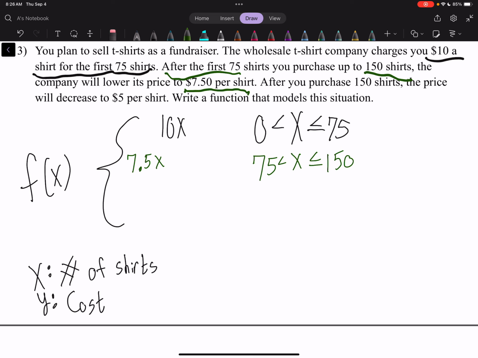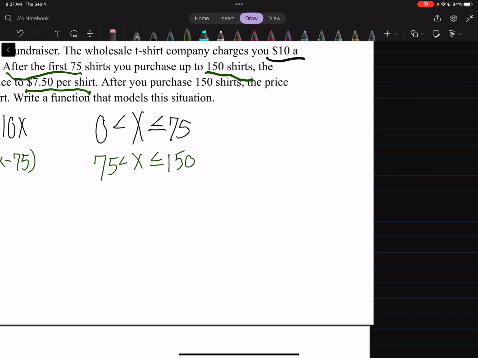So how do we fix that? Well, first, we need to take off the 75 shirts we previously bought. So I'm taking my x, the number of shirts, and I'm subtracting the 75 from the first domain constraint. Well, that's not all, because I need to know how much money I have already spent to get to this $2.50 discount.